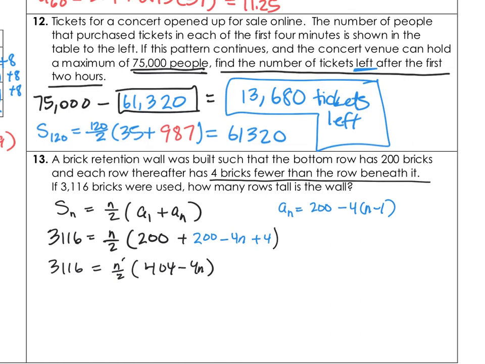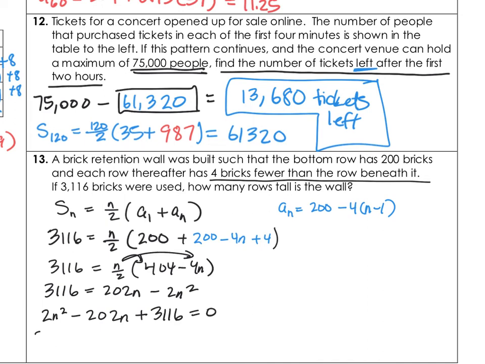All right, so now I'm going to distribute right here. So 3,116 equals 202n minus 2n squared. So now I see I have n squared, n, and a constant, so I know I need to put them all on the same side and make it equal to 0 to be able to solve this.